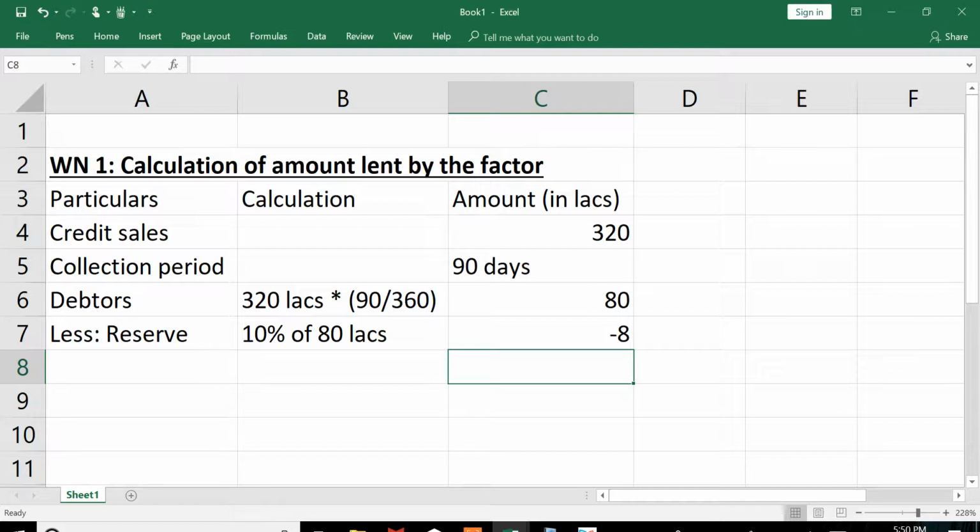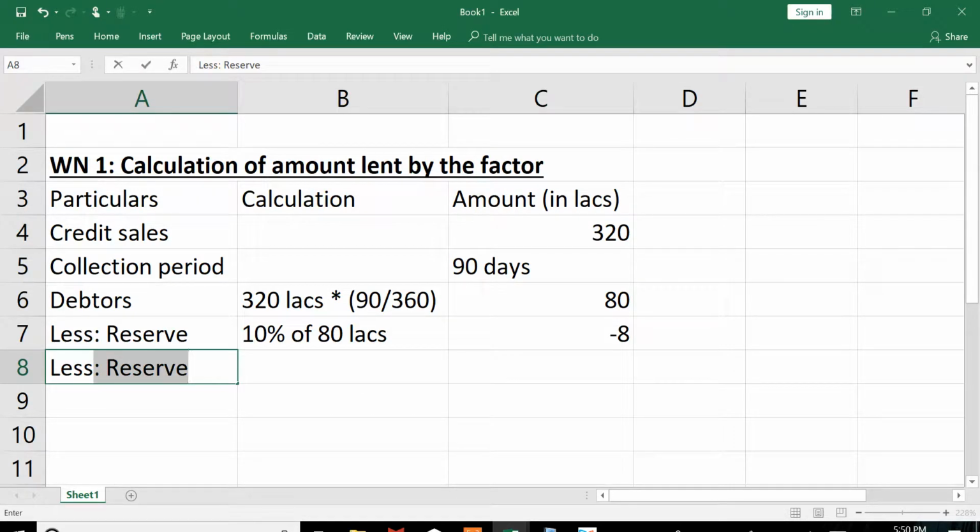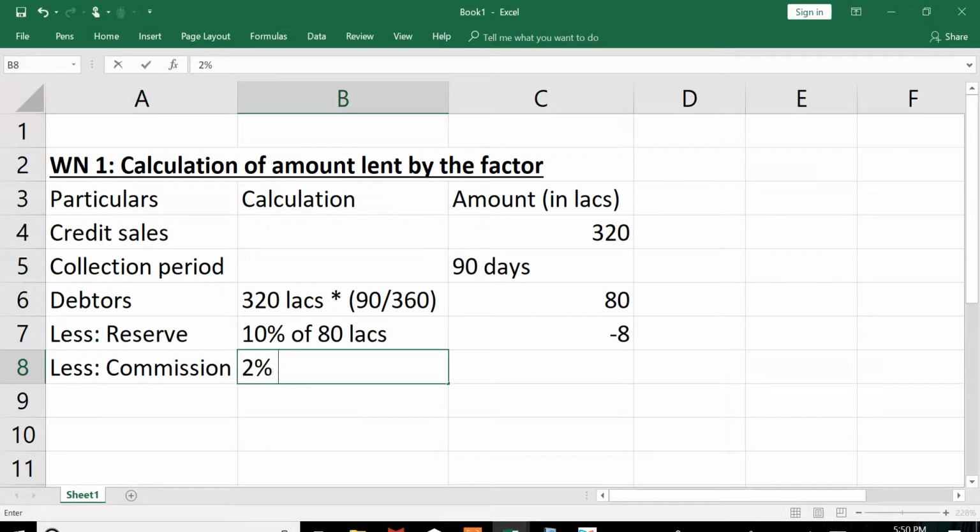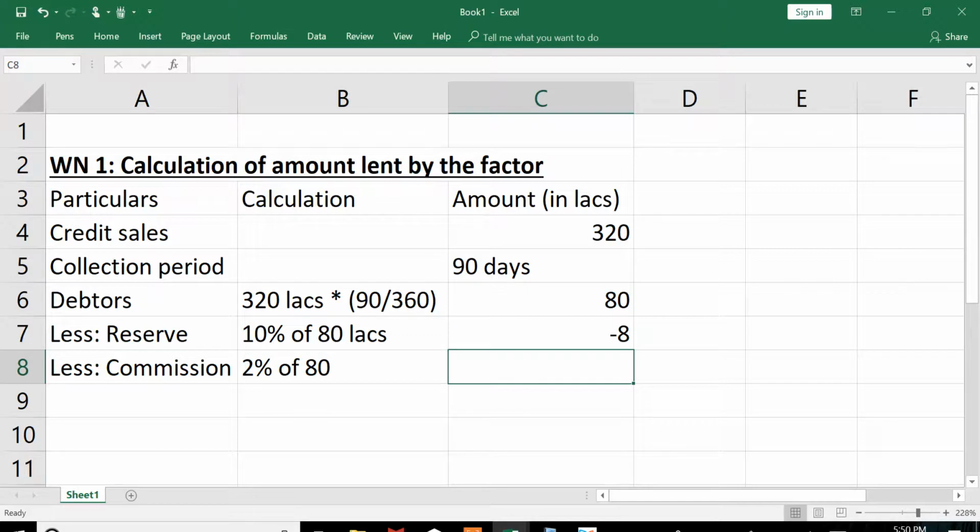Now beyond this also there is going to be further deduction. Less commission. There is a commission which he charges. What is the commission percentage? 2% of 80. So another 1.6 gone.